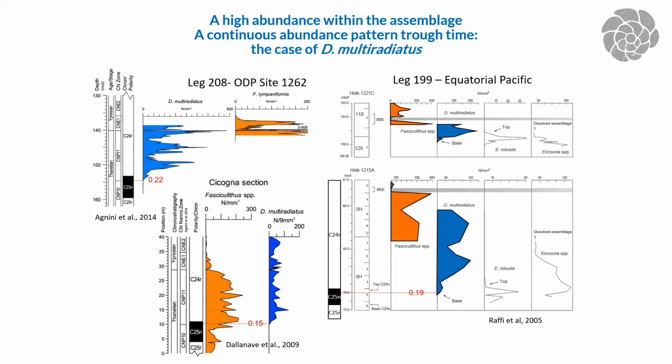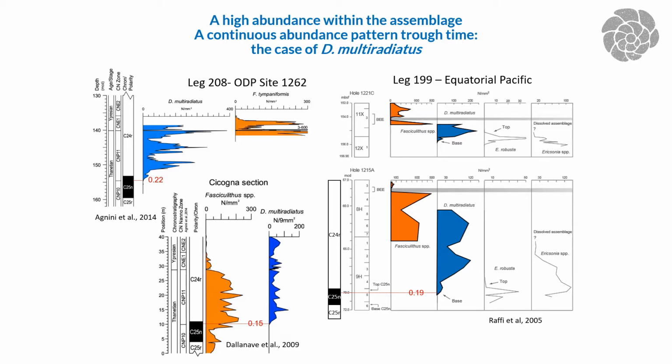In this case, to prove my point, is the case of Discoaster multiradiatus. Discoaster multiradiatus is a late Paleocene, early Eocene species. And here I provide you at least 3-4 data sets from the Atlantic, from the Tethyan Ocean, and from the Equatorial Pacific.